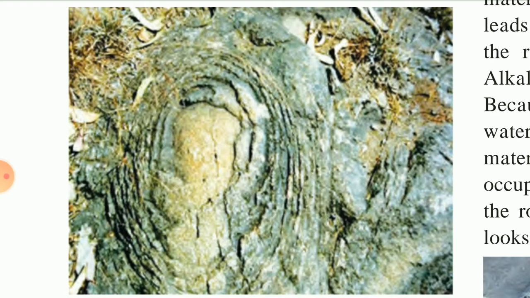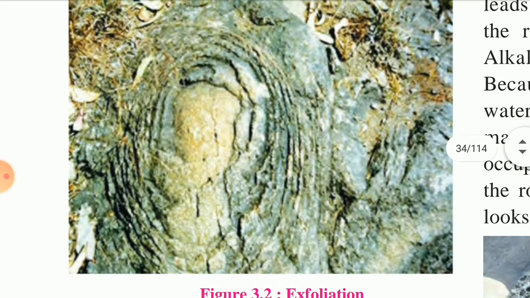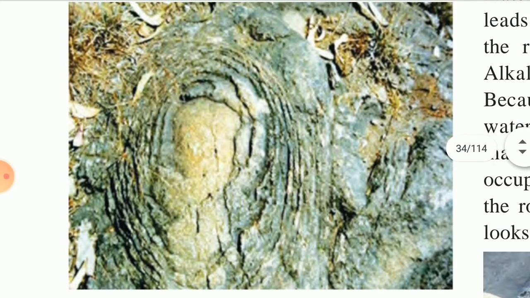In the same way, the rocks are exposed to the hot sun, and because of this, the top layer of the rock gets worn out and separated from it. This is like an onion, and one by one the layers fall apart. This process is called exfoliation.